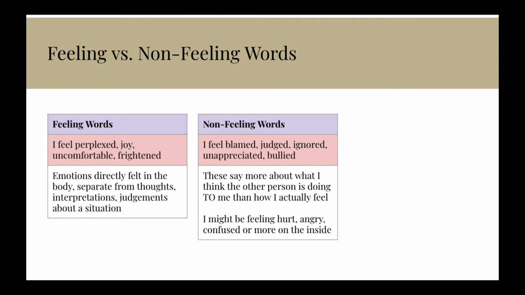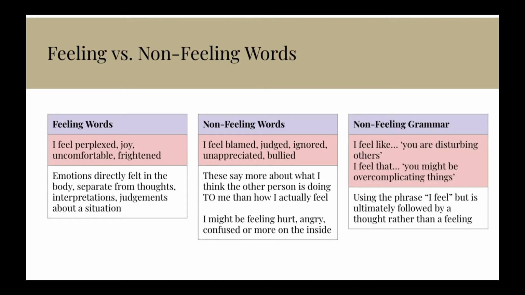If I'm feeling blamed or if I'm feeling judged, I want to ask myself how I actually might be feeling inside my body. So, how I might actually be feeling might be hurt or angry or confused, but this is separate from the judgment that I might be making about the other person. So, it's very important to know the difference between feeling words and non-feeling words.